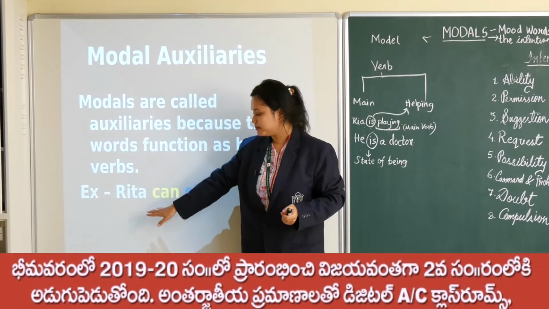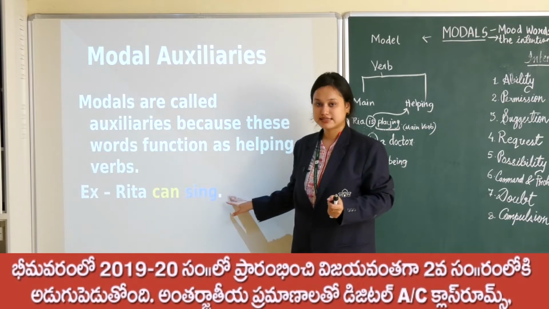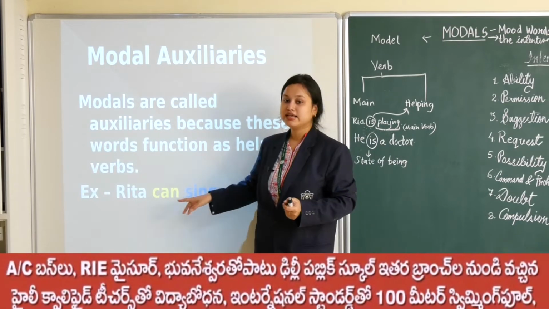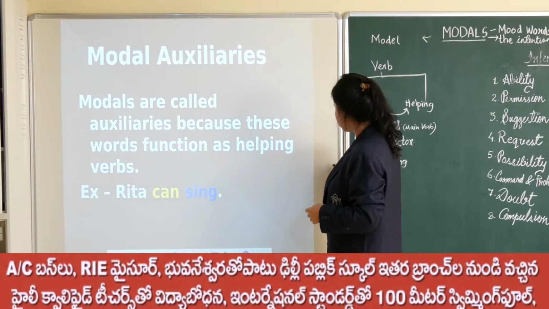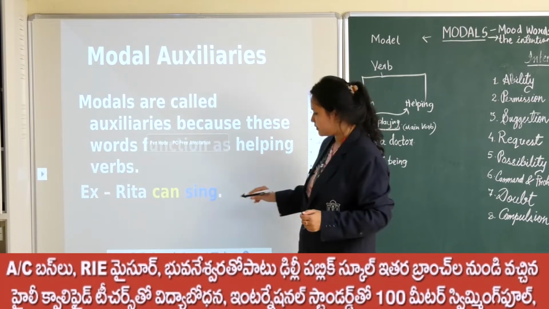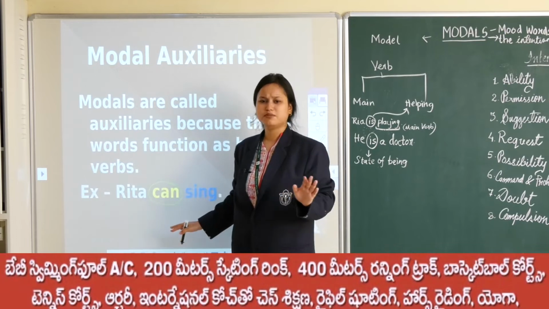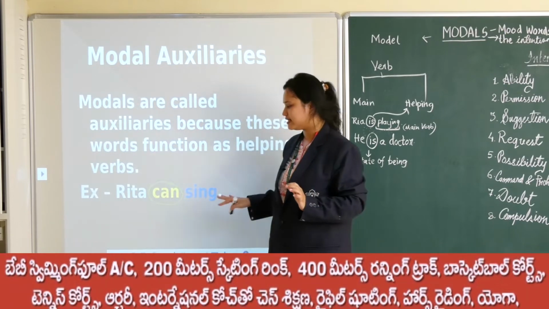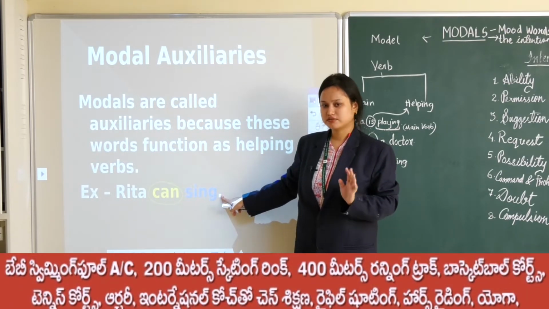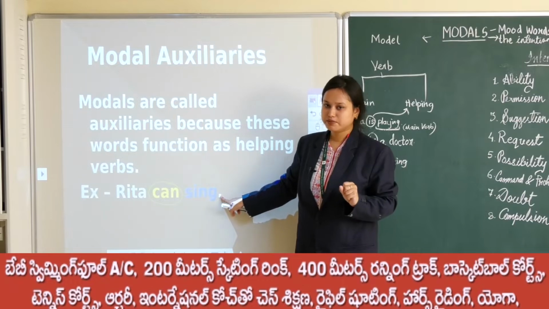Look at this example, Rita can sing. I told you can is the helping verb, right? Can is the helping verb. If we forget about modals, this is a simple sentence. What can we take out as the meaning here?